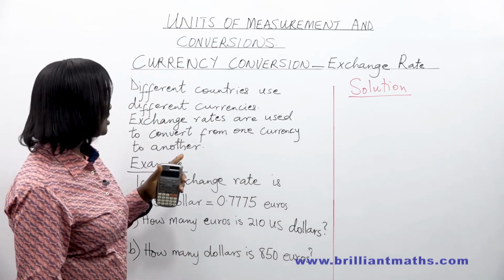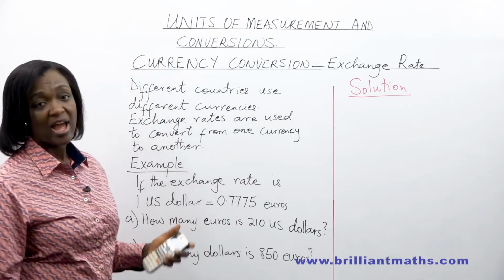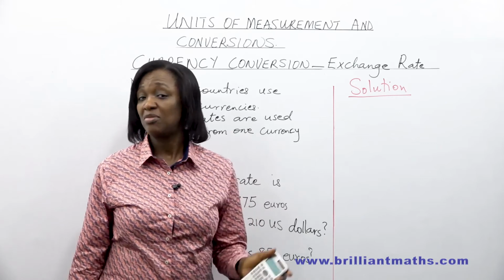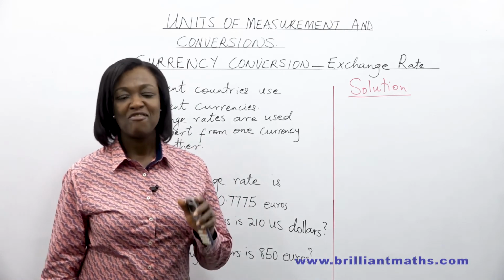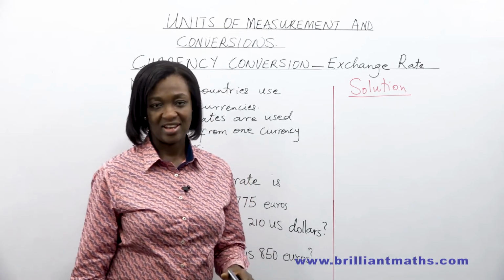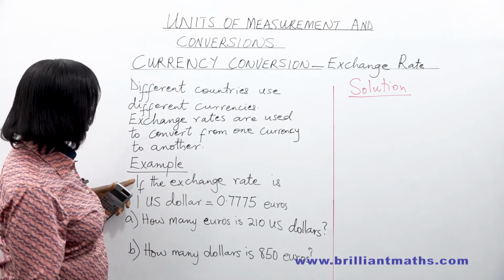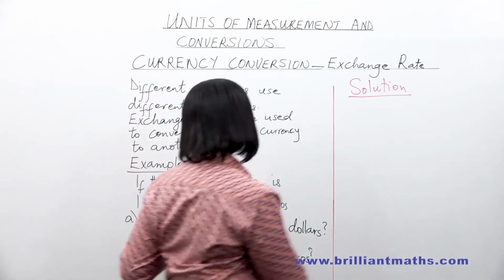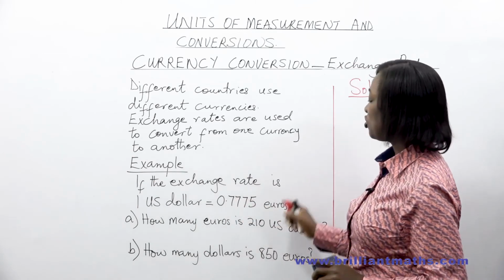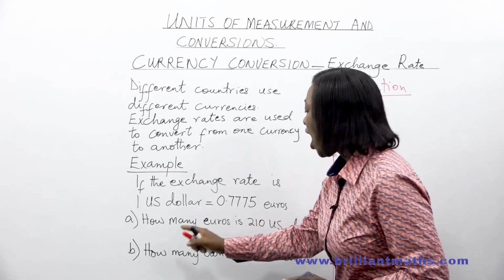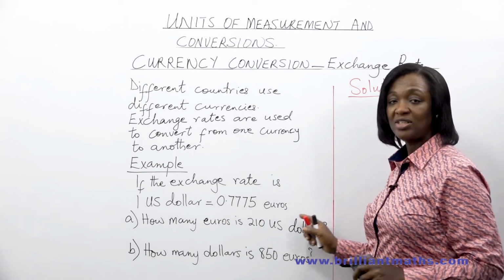The exchange rates are used to convert from one currency to another, and the bank of that country actually determines the exchange rate, and they change very frequently. Let's look at the first example. It says, if the exchange rate is $1 is equivalent to 0.7775 euros, how many euros is 210 US dollars?